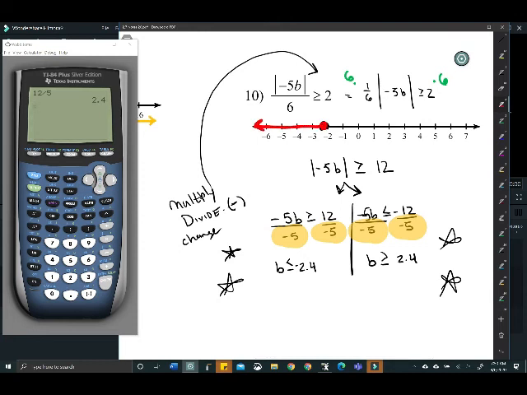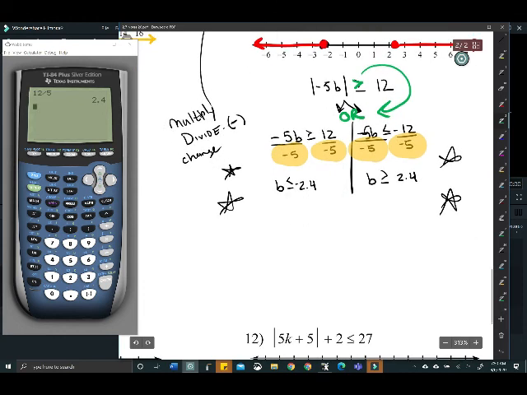Greater than or equal to positive 2.4 from here. Also, I forgot to write it in there. This is an or problem because we have a greater than sign. So do yourself a favor, write that down first. Remember, divide by a negative, you're going to change the sign.